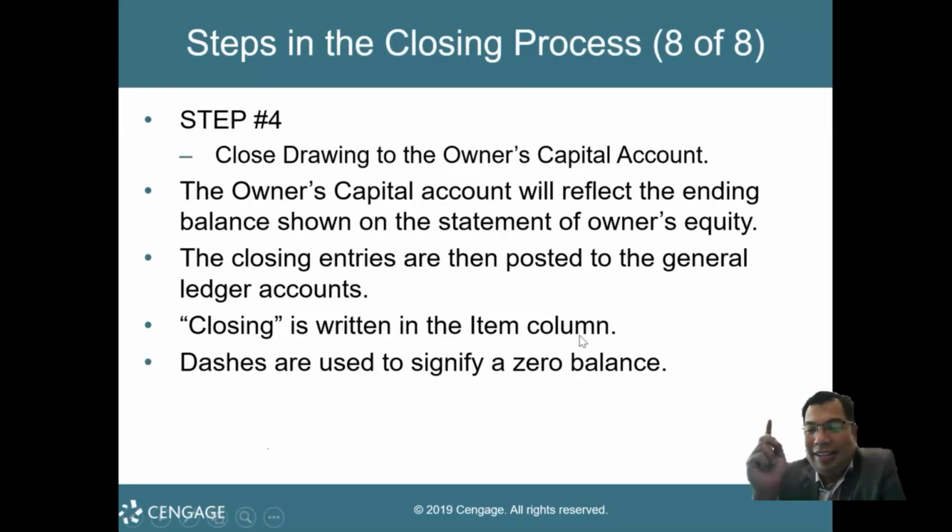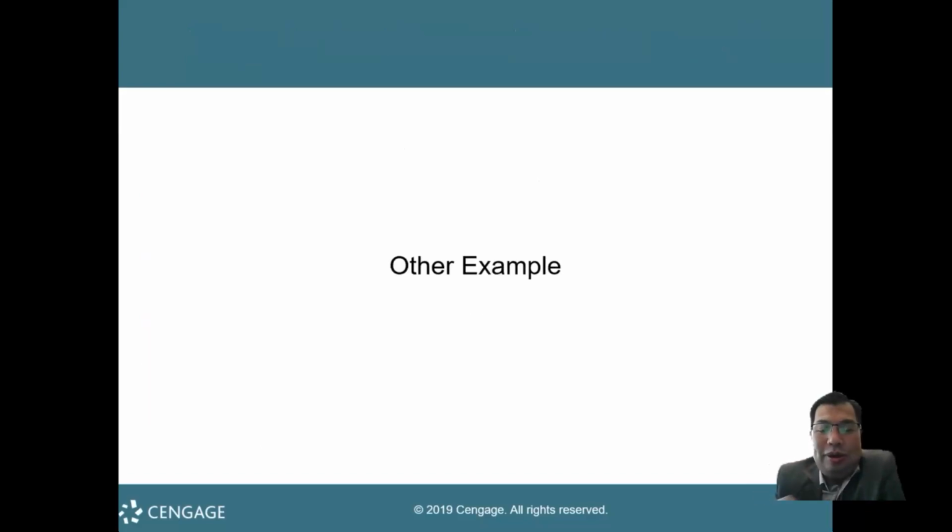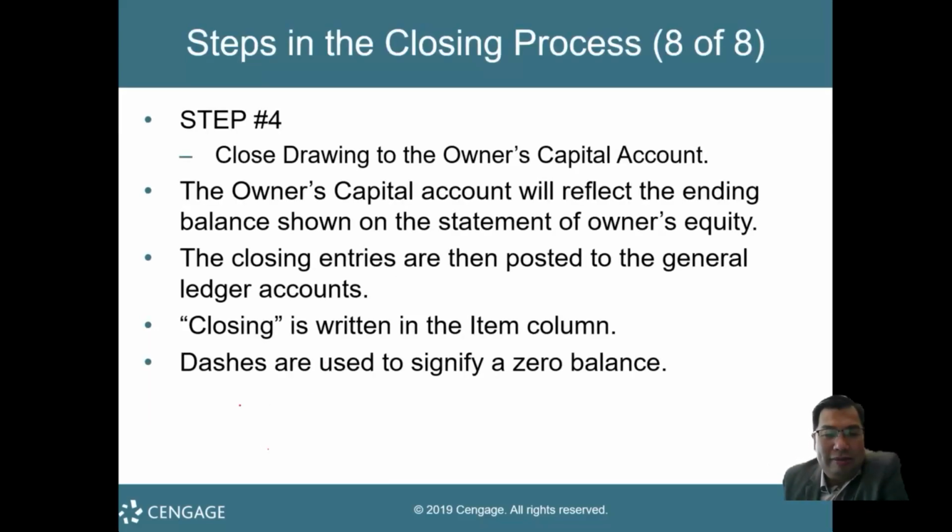And the last part is to close the drawing accounts. Drawing is a debit account. So to close the drawing account, you need to credit your drawing account and transfer that amount to your capital. This is your drawing. Just as an example, drawing 100.